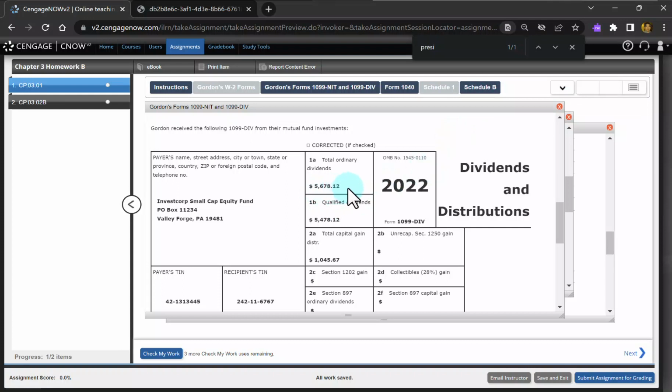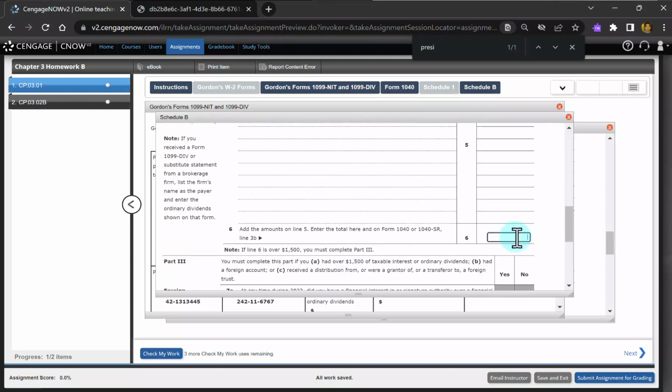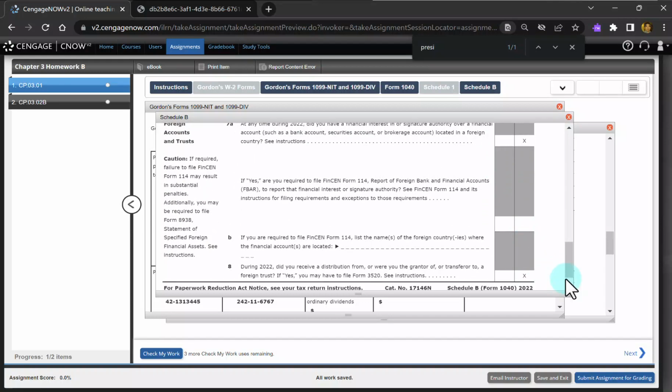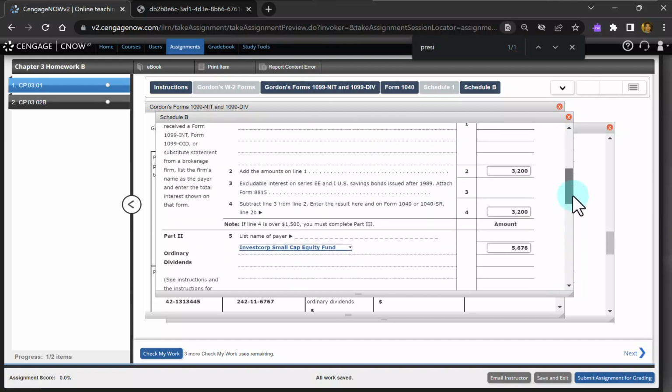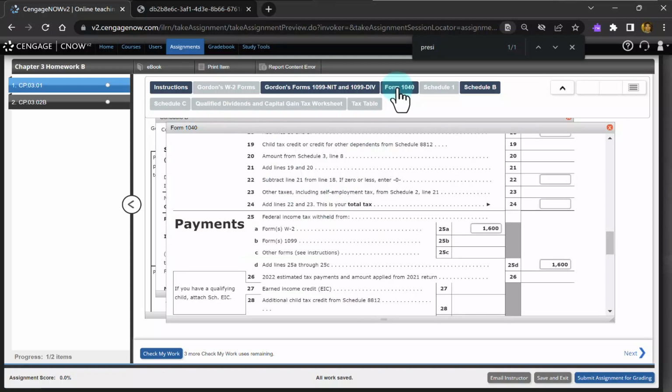The instructions tell us to round to the nearest dollar, so I'll just drop this 12 cents. 56.78 coming from Invest Corp Small Cap Equity Fund. 56.78 and then total 56.78. And it looks like this part 3 is already completed for us. So the interest and dividends, let me now carry it back to the 1040 form.